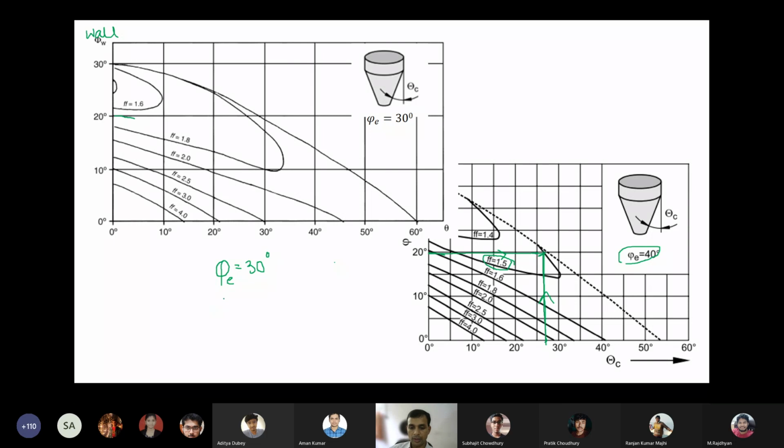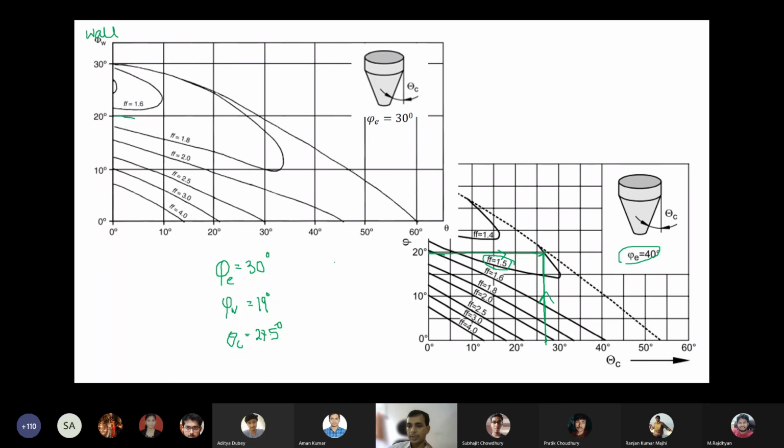And we have the angle of wall friction, which is 19. And we have the conical Hopper angle theta, which is 27.5. So we have three values.